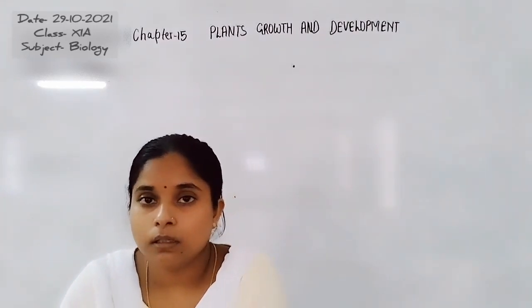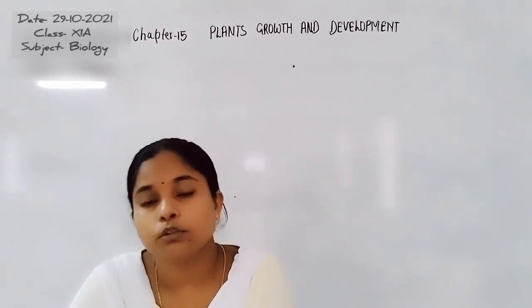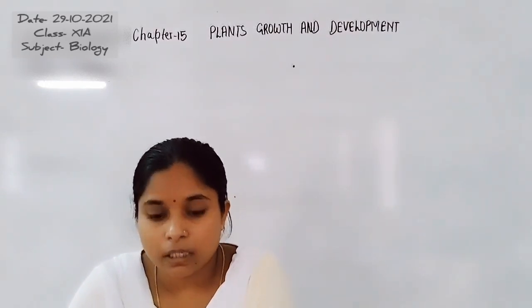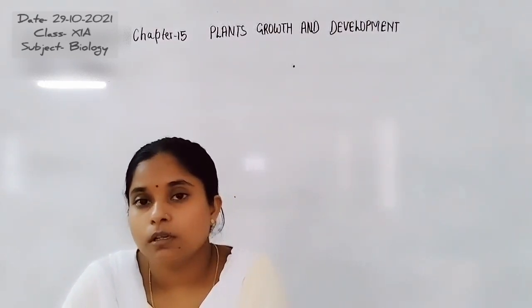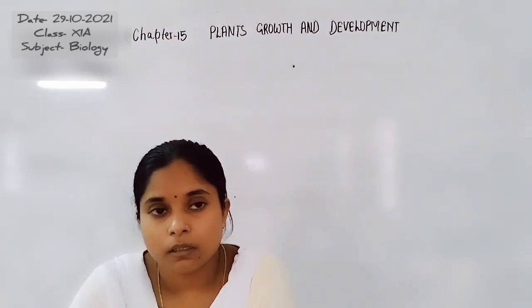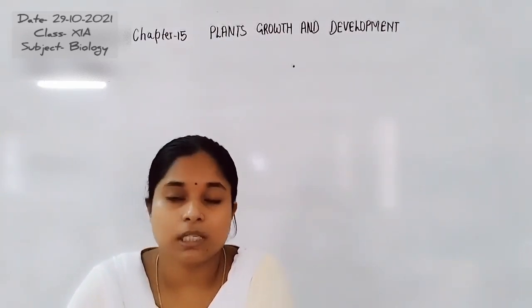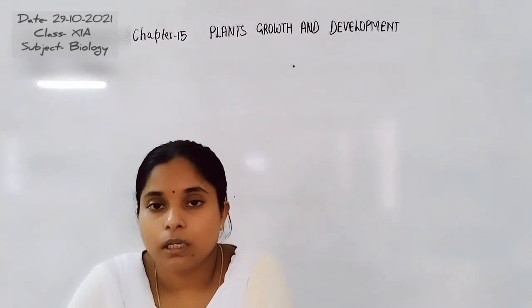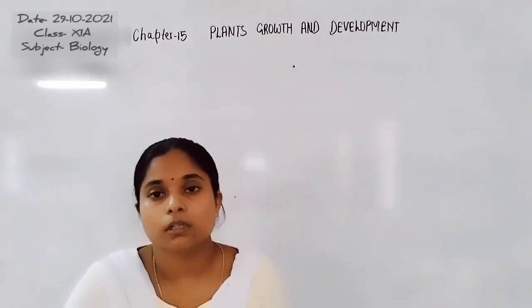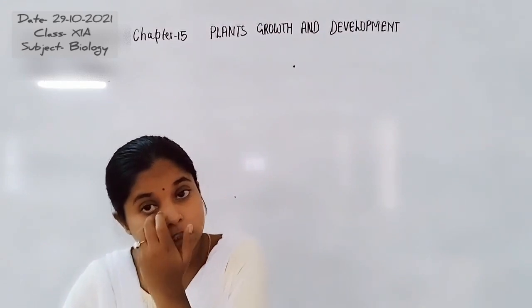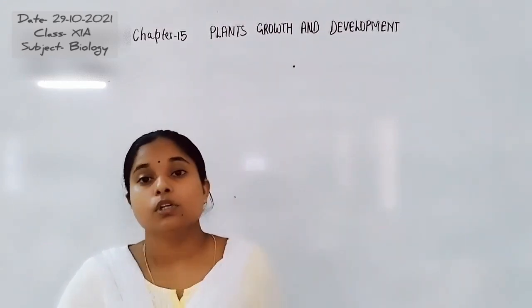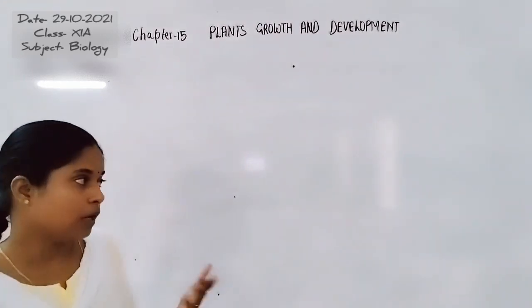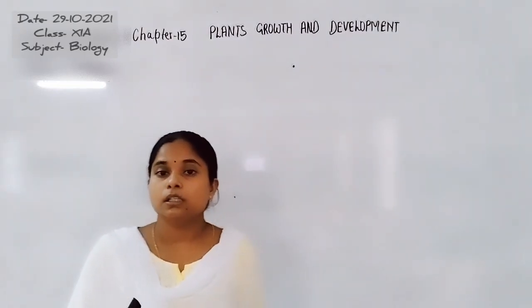Other than these 2, NAA and 2,4-D are synthetic auxins, which are used by farmers and gardeners in horticulture and agriculture, where they artificially grow roots in the stem of a flower, for example in the rose.